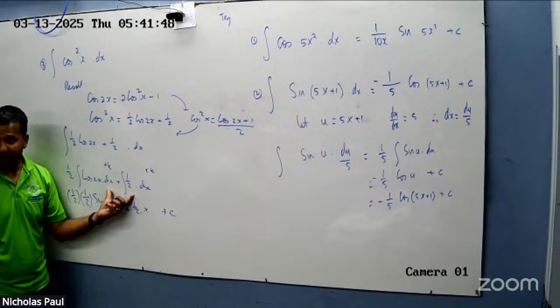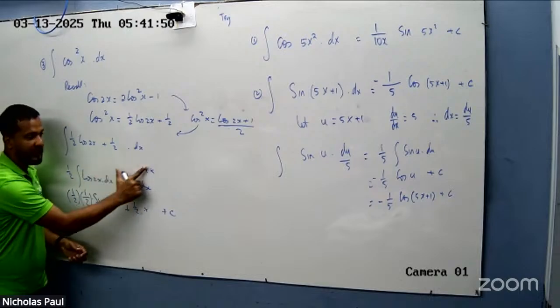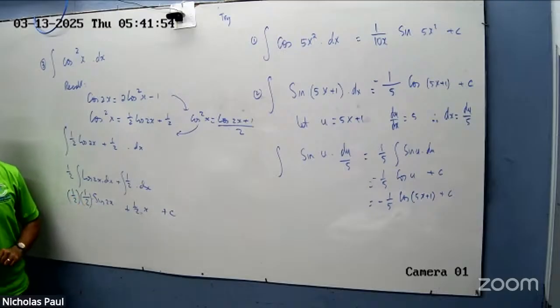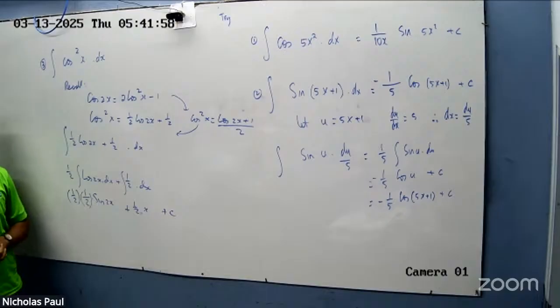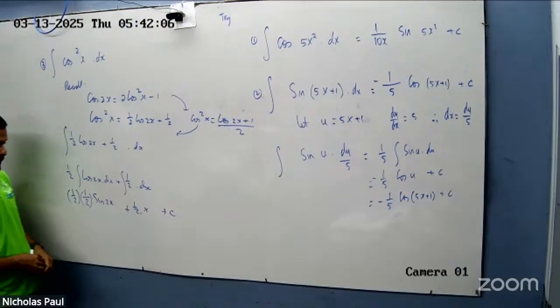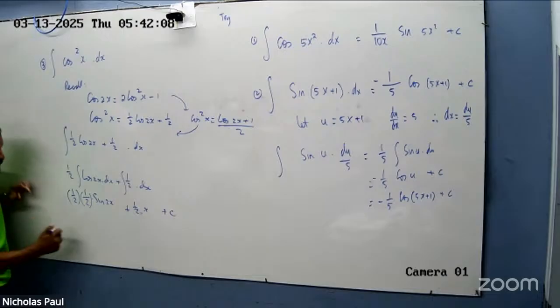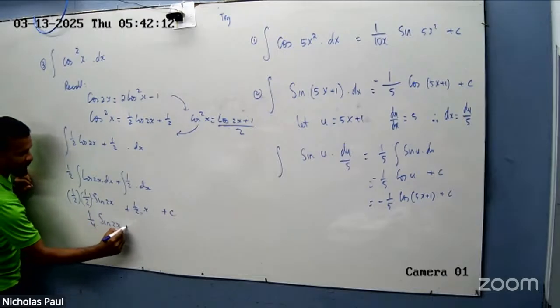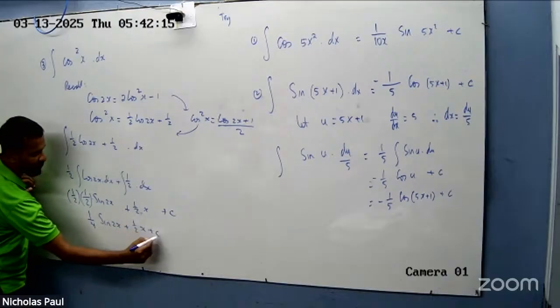There is no need to write 2 k's, just write 1 constant. So you'll end up with 1 over 4 sine 2x plus a half x plus c.